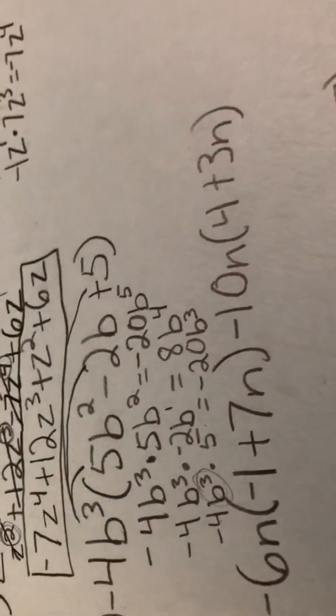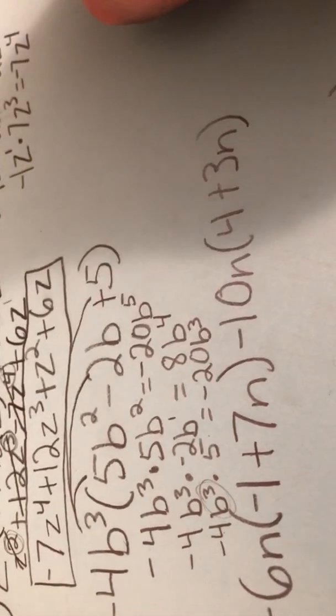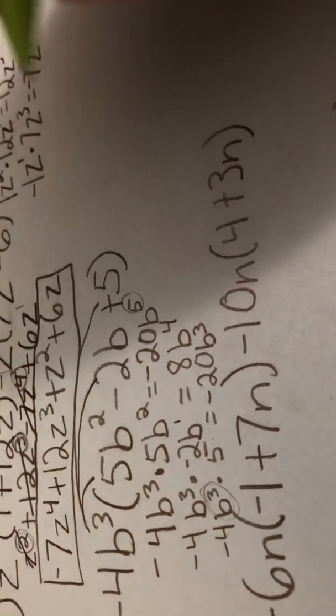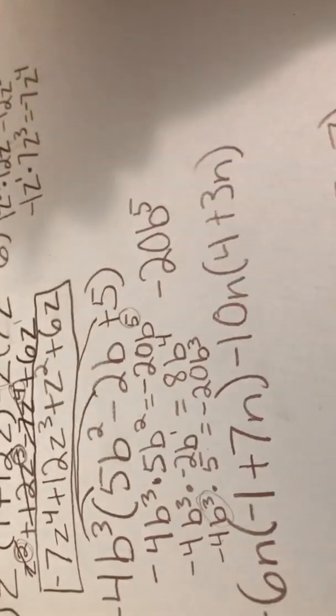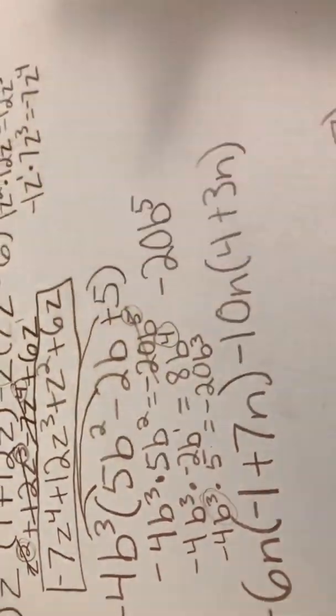So this is just another way to look at it. You're looking down this line to see what has the biggest exponent. Well, this negative 20b to the fifth has the biggest exponent, so it goes first in our answer. And then it goes away. Our next biggest exponent is 4.